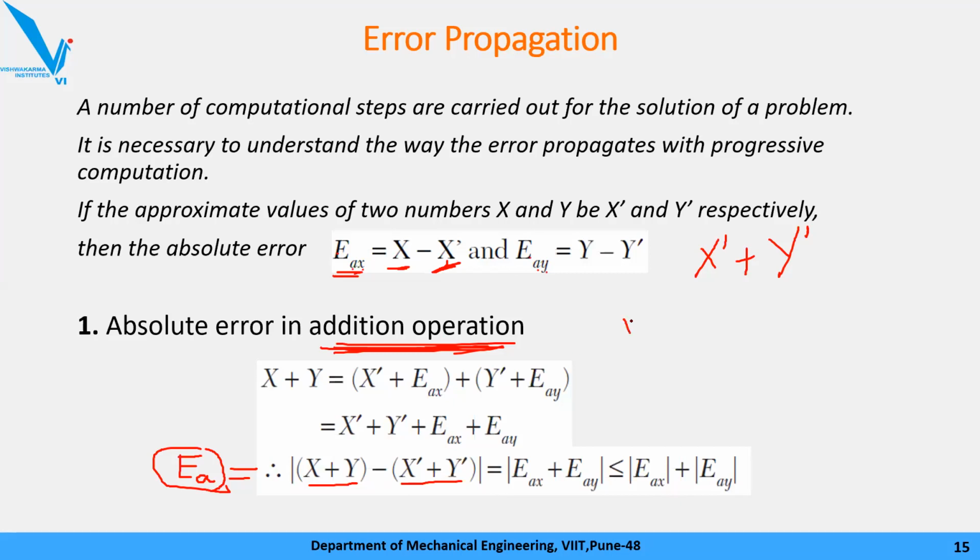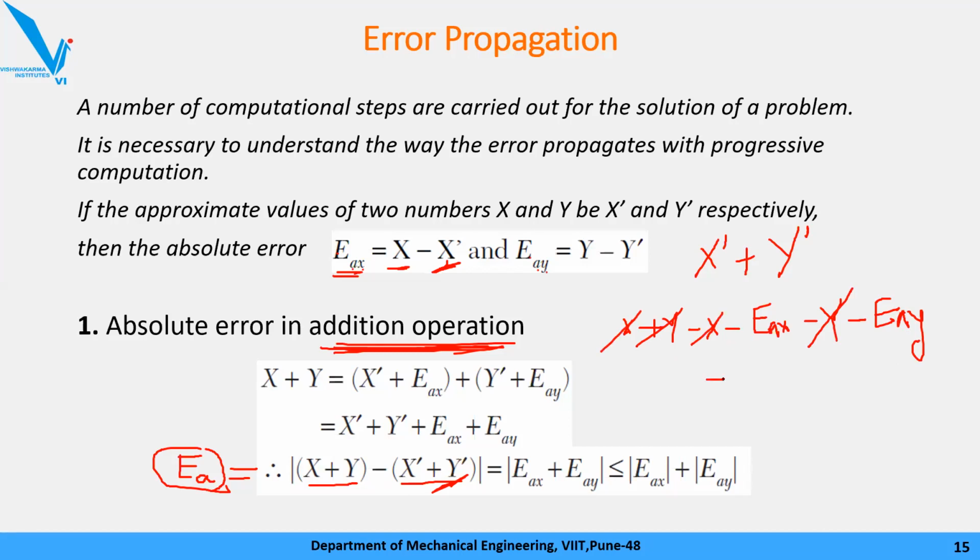Okay, so I'll put those values. What I'll get is X plus Y minus, first let's put X dash, which is nothing but X minus eax. Next I'll put the Y dash value, so Y minus eay. So minus Y plus Y, minus X plus X get cancelled.